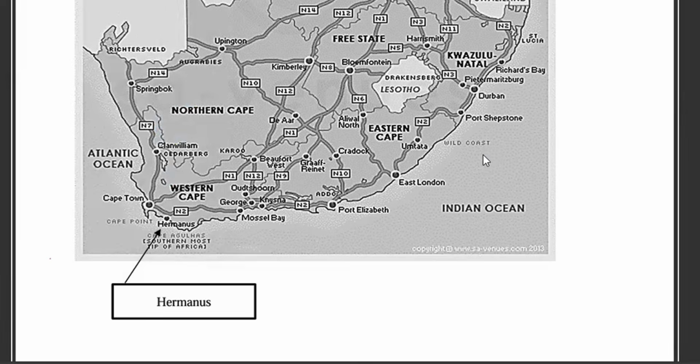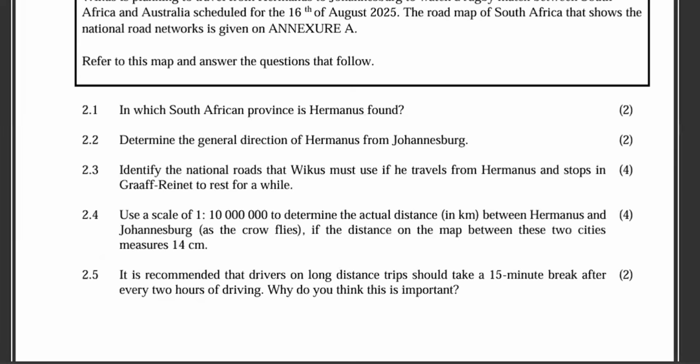So which province is it? It's this other province here. The province is Western Cape. So here we're supposed to say, it's supposed to be Western Cape.